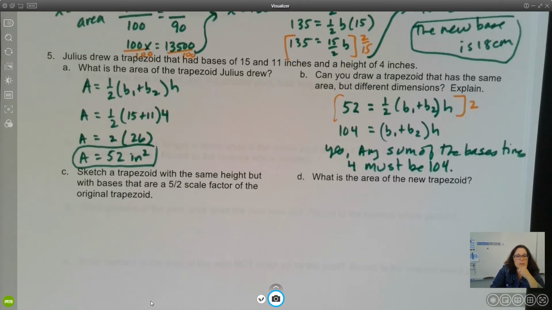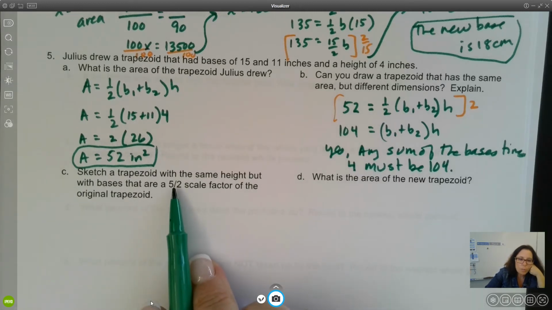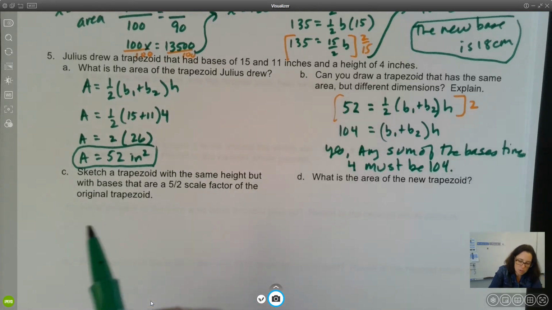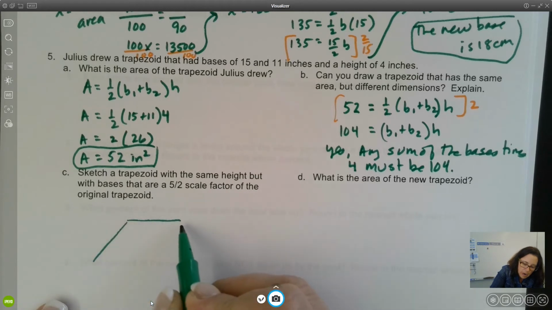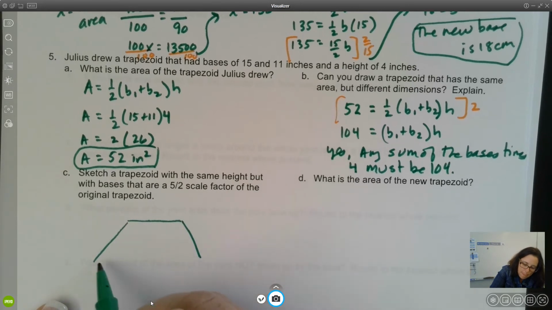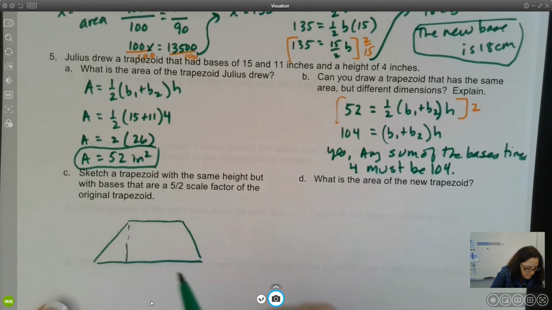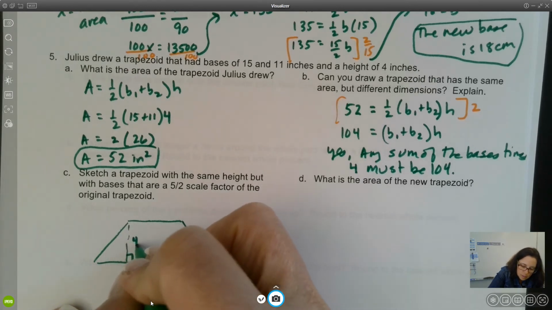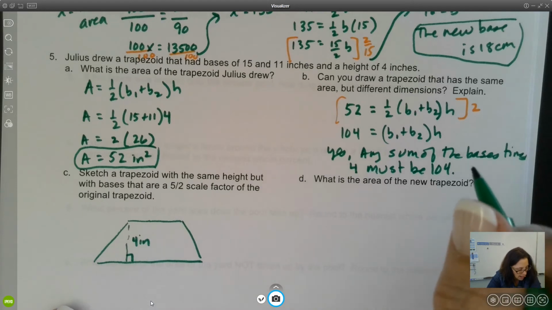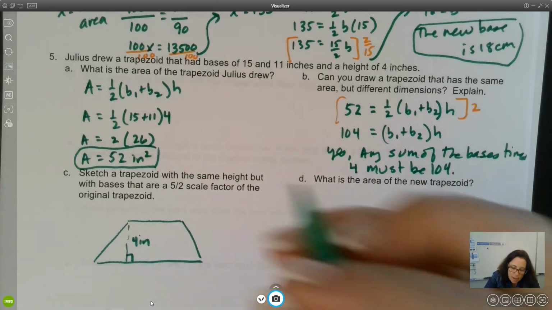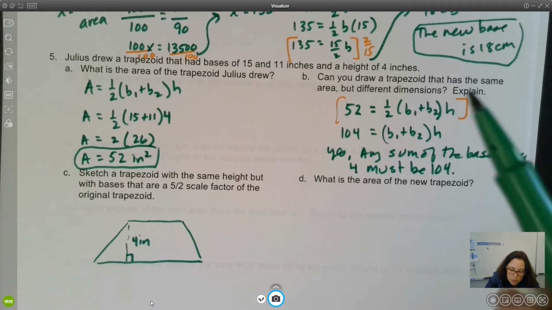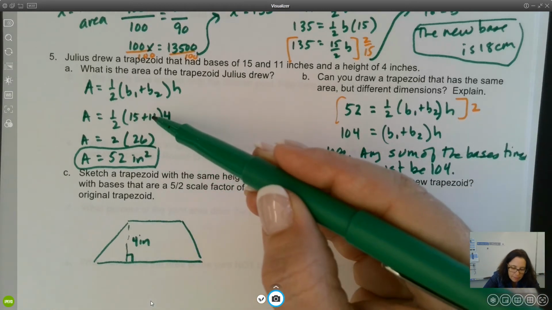Sketch a trapezoid with the same height, but with bases that are a 5/2 scale factor of the original trapezoid. Okay, so 5/2, we're multiplying the bases by 2.5. So we still have that 4 inches here. The original one was 15 and 11.